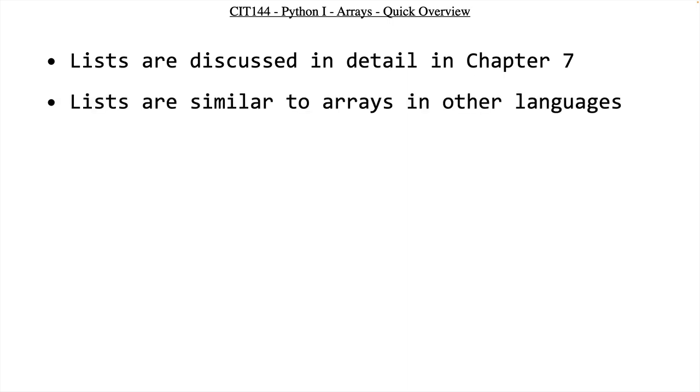And lists are similar to arrays in other languages. They actually do a lot more than arrays, but as far as how we think about them or visualize them, they're going to look like arrays to us. I think the best way to do a quick introduction is just to give you some examples and talk about different things.